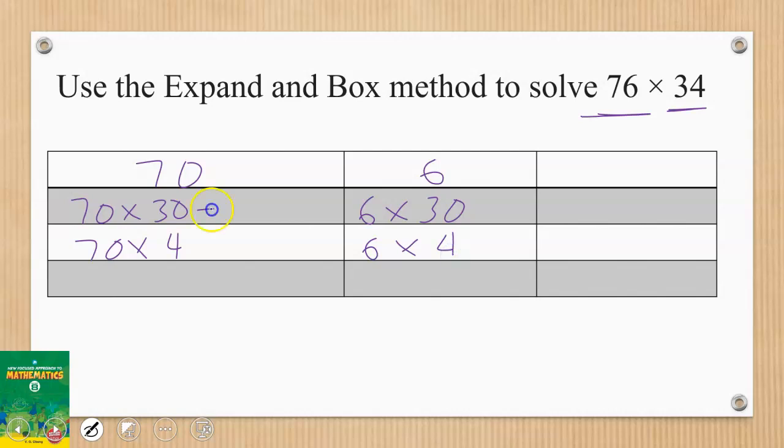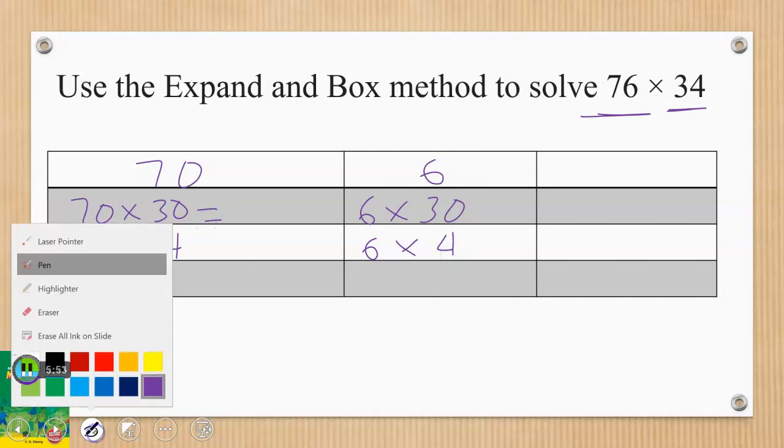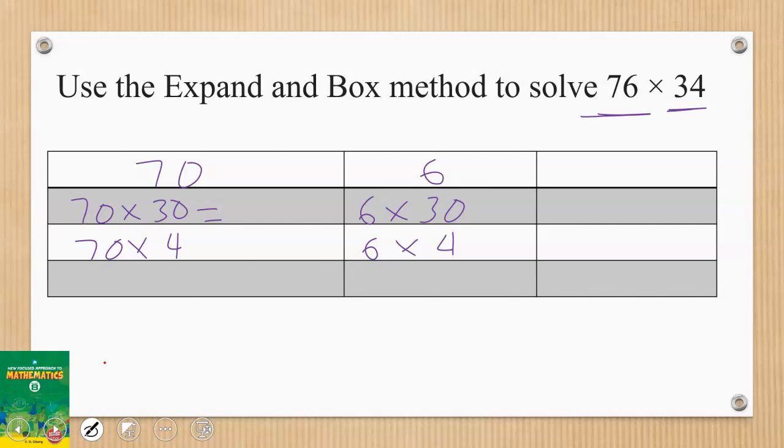Then here we are going to have 3 times 7, that is 21, so we attach our 2 zeros. 4 times 7 is 28, and then we attach 1 zero. Here 3 times 6 is 18. We attach only 1 zero. And 6 times 4 is 24.